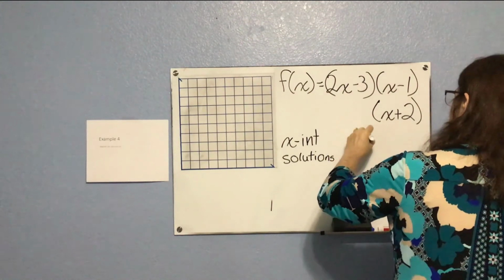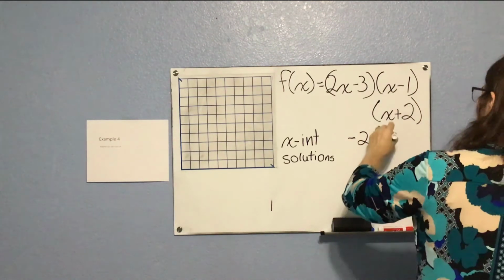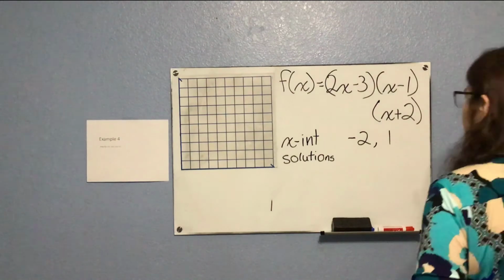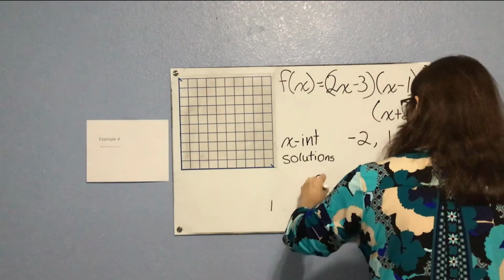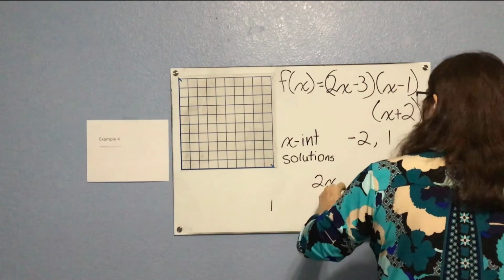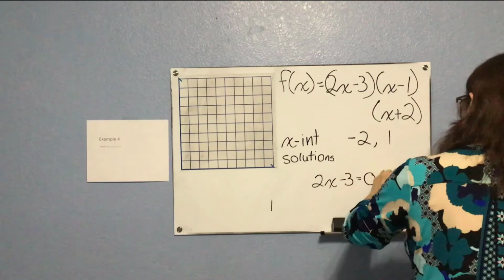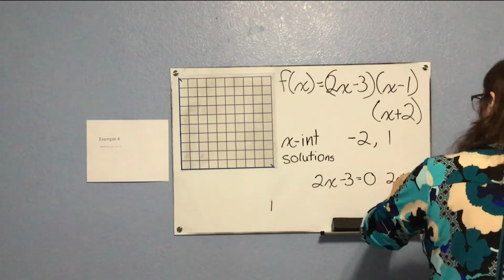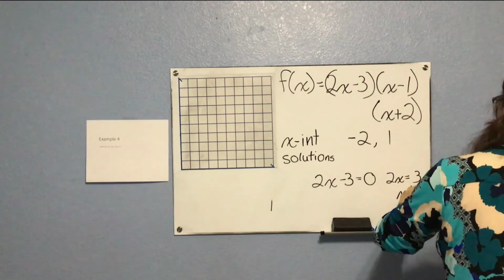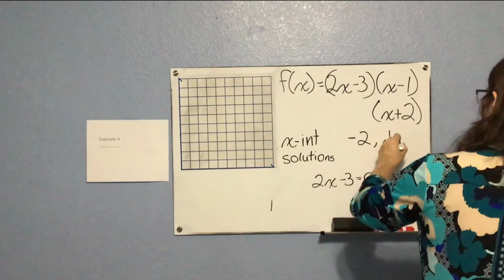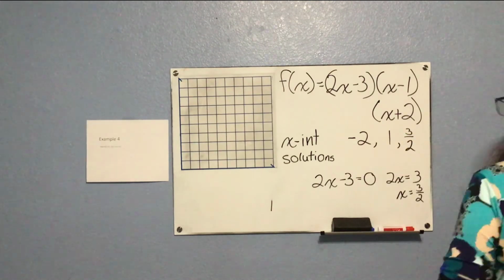So -2 is an x-intercept. This factor is going to give us +1 for an x-intercept. And this factor, you might have to do a little scratch paper math here and say 2x equals +3, and x is 3/2. So that's another solution or x-intercept.